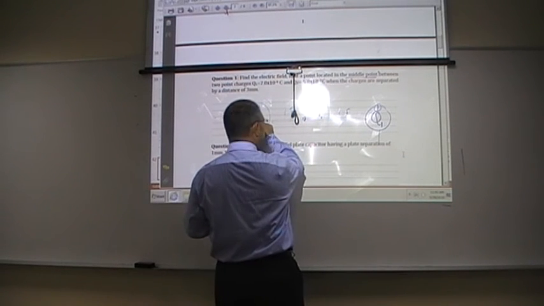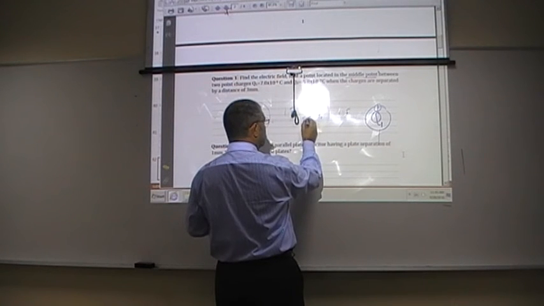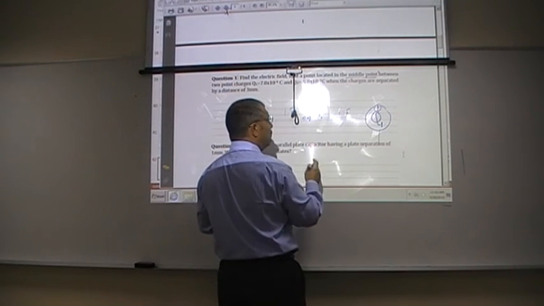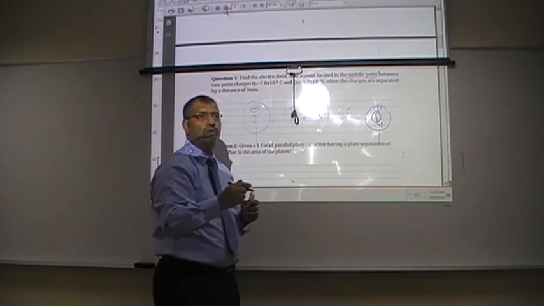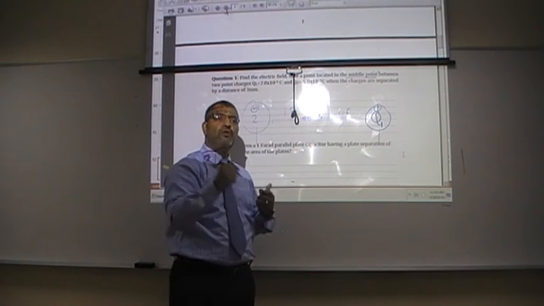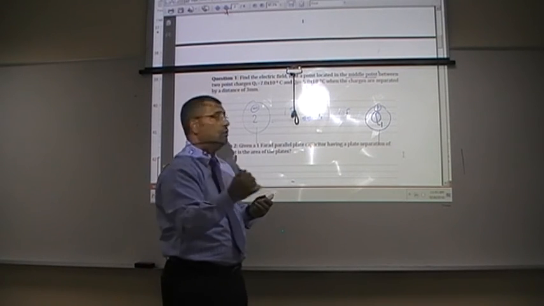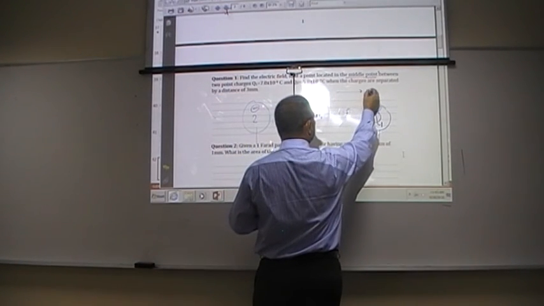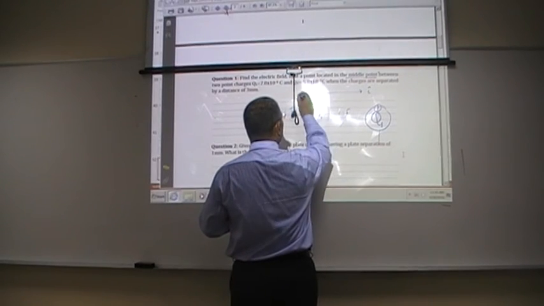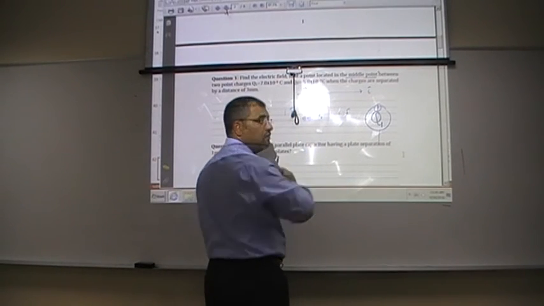And this is negative and positive, so it will be this way. So in this case, the force and the electric field are both directed along, well, this is my positive i hat, and this is my negative i hat, along negative i hat.